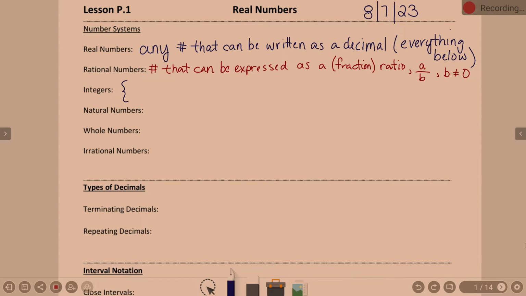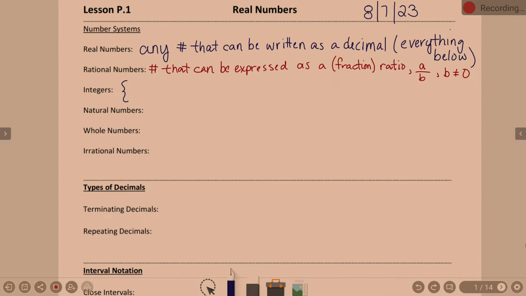I'm just going to make a list of them. Negatives, positives. Be more specific. Decimals. Can I list all my decimals though? No. So if we're not talking decimals, it's negative and positive whole numbers.